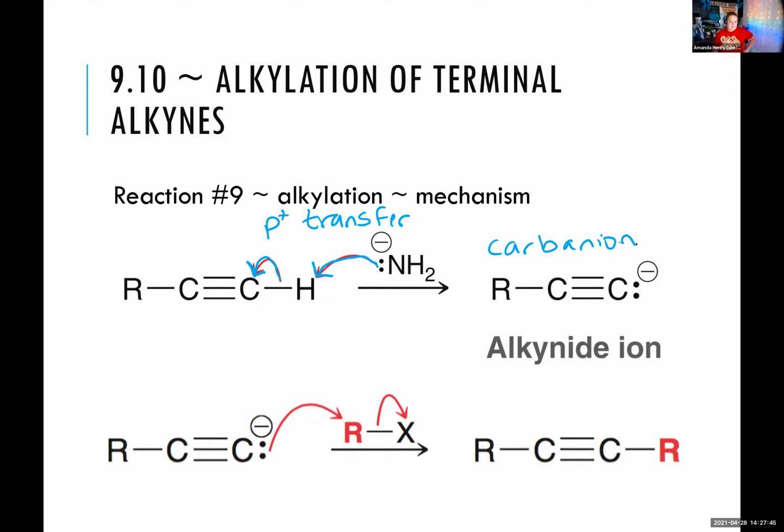Specifically, because it's a triple bond, it's called an alkynide ion. You're not going to hear that word very often, though. More generically, it's a carbanion because it's a carbon with a negative charge. In that second step, we're going to go from the carbon right onto our alkyl group, and then those electrons are going onto the halogen.